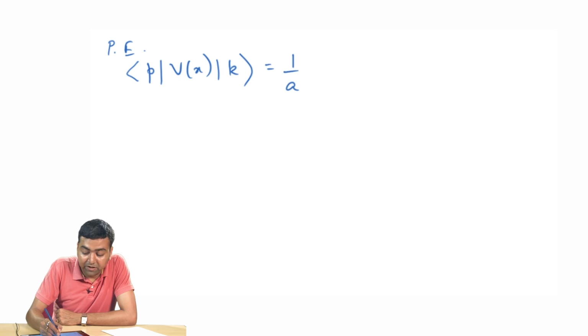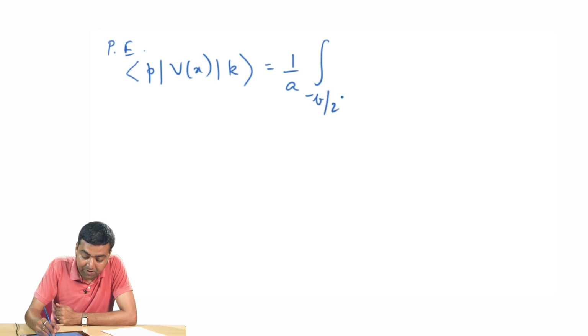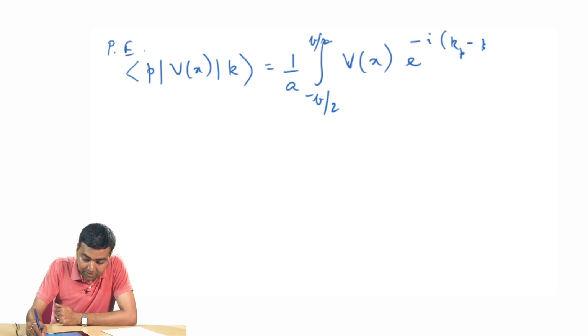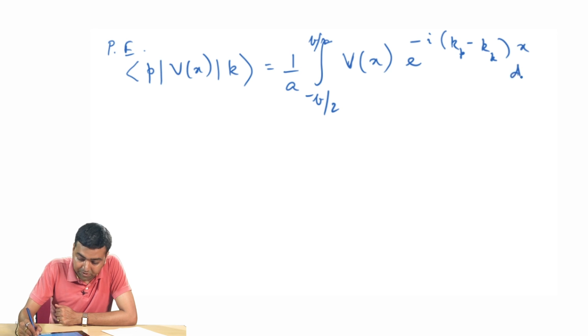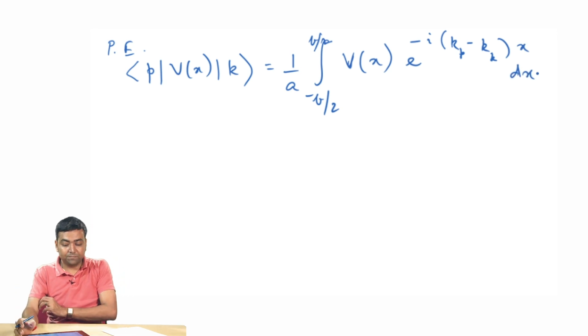I am writing 1 by a, this comes from the normalization constants of the plane waves p and k, each of which is 1 by root a, and the integral from minus b by 2 to b by 2 of V x e to the power minus i k p minus k k x dx. This is the integral.